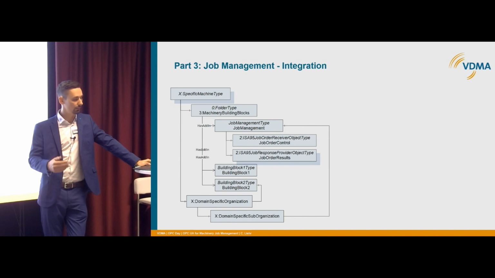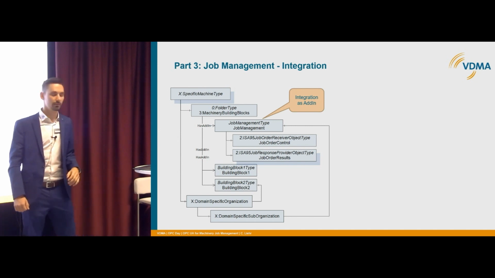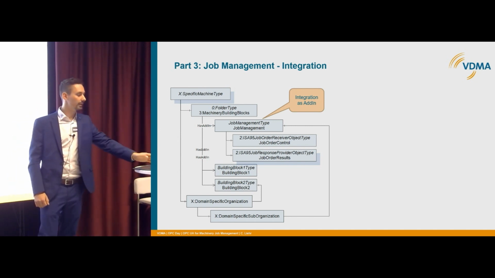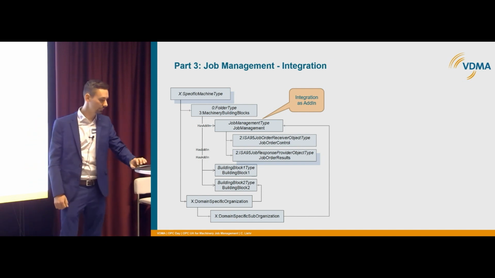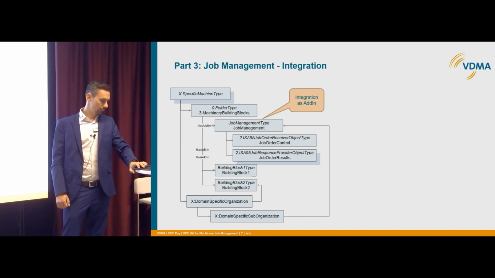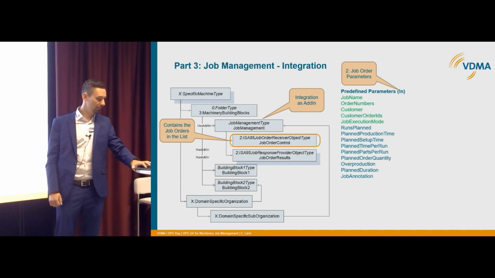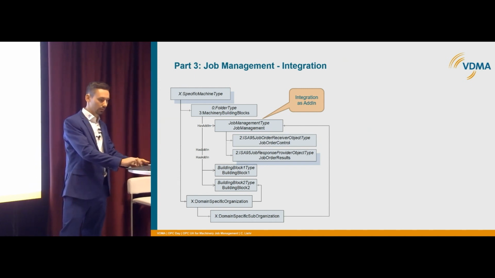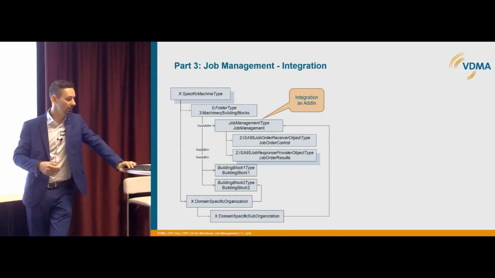Inside this folder we have the job management type and two more fictional building blocks that are not relevant at this point, and they are integrated as add-ins. The job management type contains the job order control and the job order result.